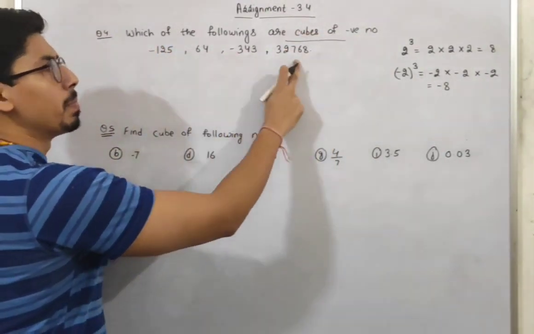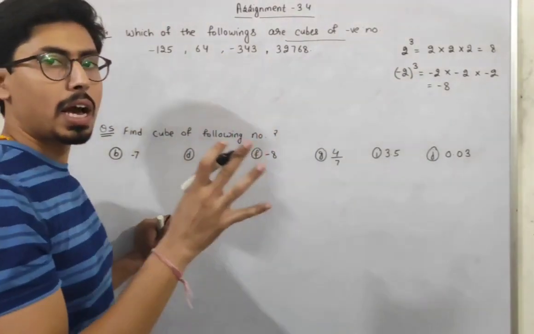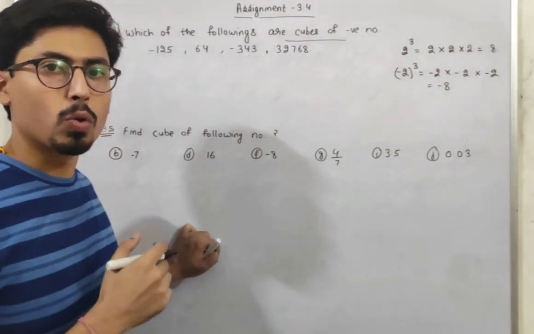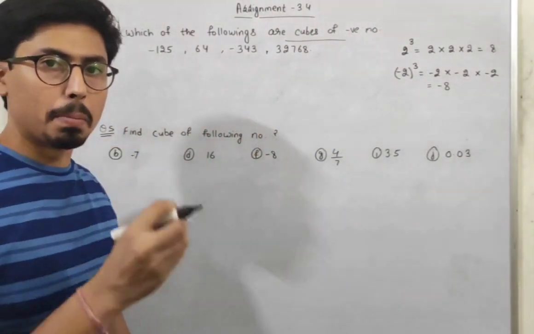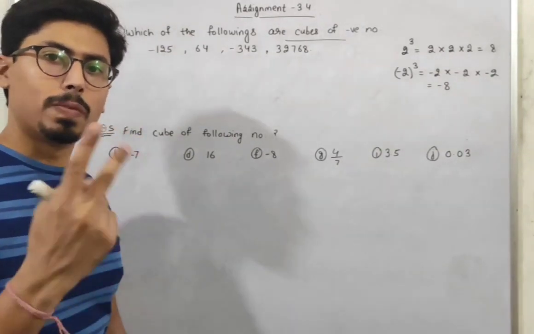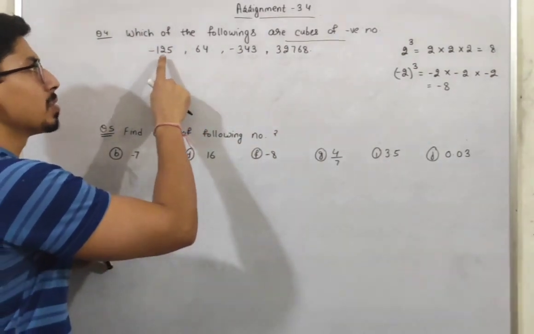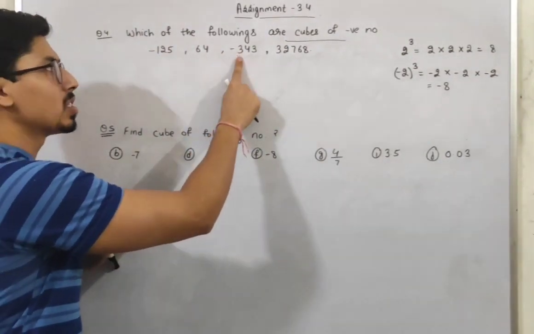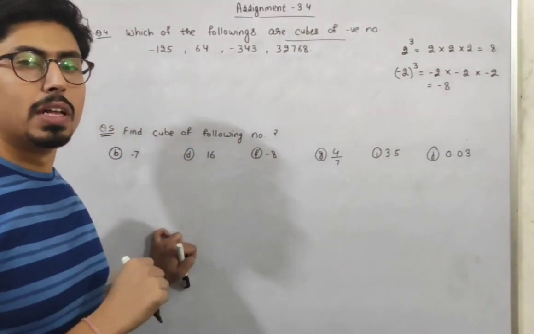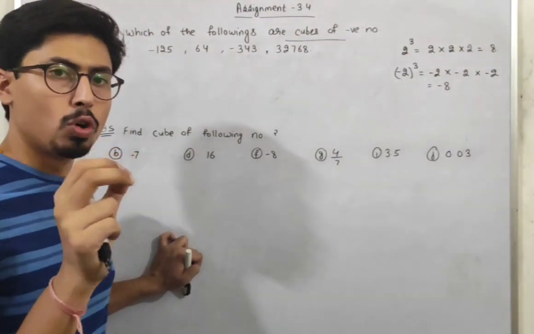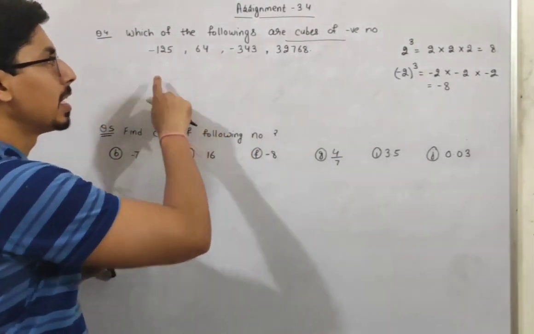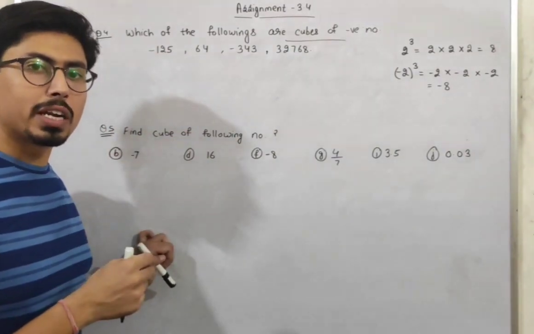Here these 4 numbers are cubes of any number. Okay, and we know that if a number is negative, then its cube will be negative. See, in these 4 parts, only 2 numbers are there, that is minus 125 and minus 343, which are negative. That means if the cubes of a number are negative, then the numbers are also negative.